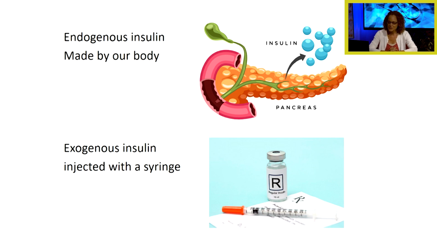So one of the first things that I want you to understand before we even talk about what insulin does is that there are two forms of it: endogenous, made by the body, and exogenous, which we give via injection.